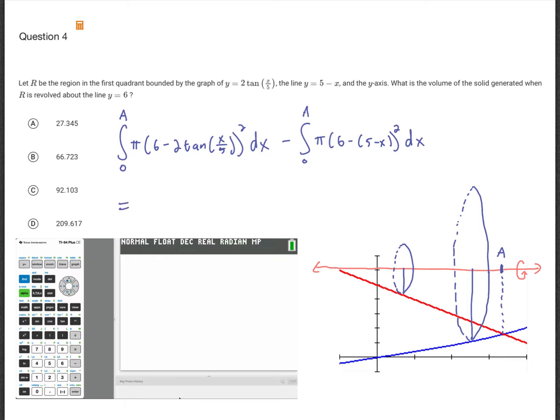I'm just going to clean it up. First off, both integrals are multiplied by the constant pi, so you can pull that out. They're both going from 0 to a. We'll find that value of a later in the calculator. They're really just these things subtracted inside here, and squared.